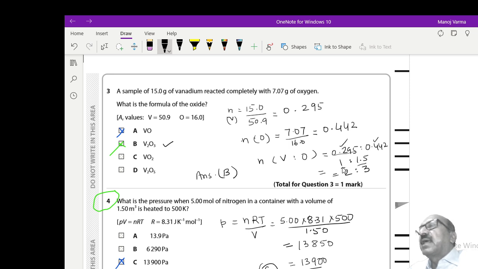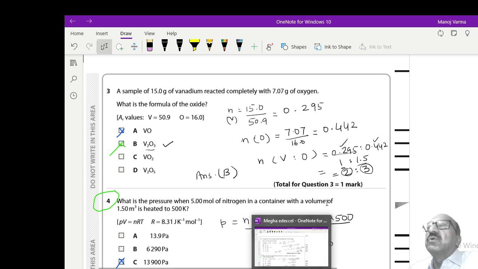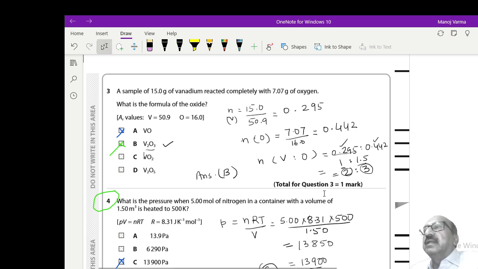So again multiply both the numbers by 2. So this becomes 2 and this becomes 3. So this is a whole number ratio, V2O3. So this is the correct answer, V2O3. Hope you understood this. If you have not understood, please go through the solution once again.